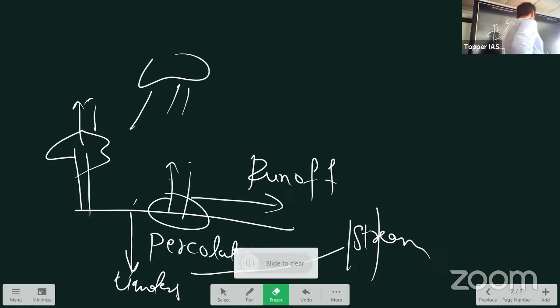Okay. We mainly study the divisions of ocean floors, ocean reliefs, right? We will start from the land part here, the continental part. The first division would be what? Continental shelf. After that, slope. Then rise.